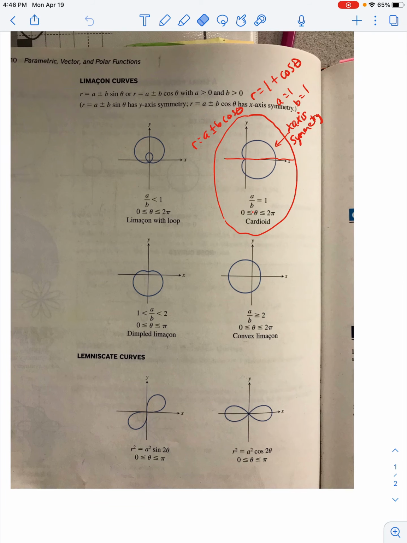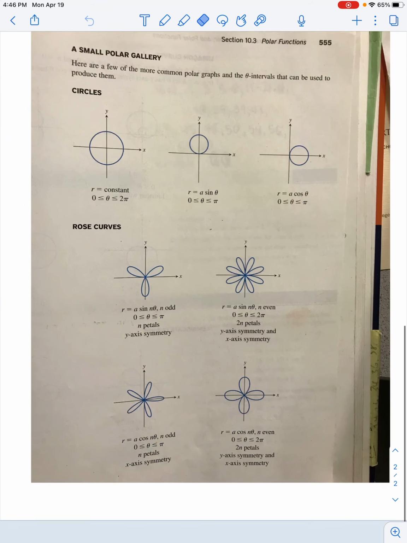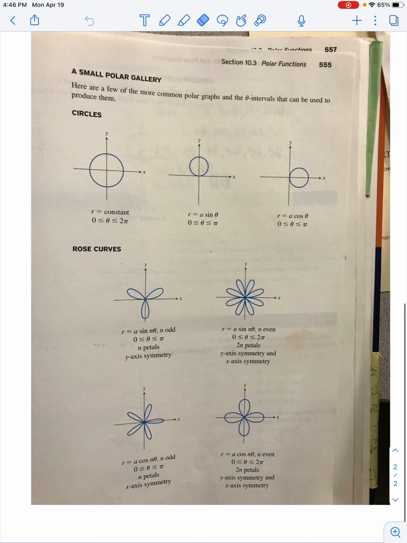But if you go back to that page that I was talking about and you look for, I think it's on the second page, look, it's a rose curve right here. It's a rose curve.